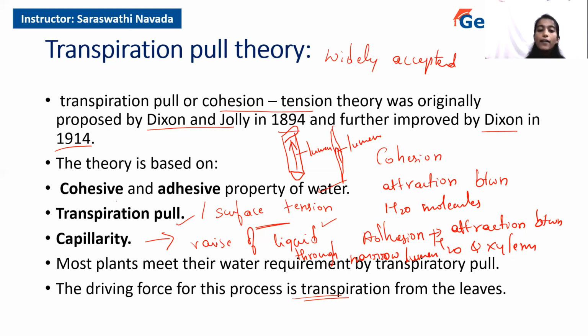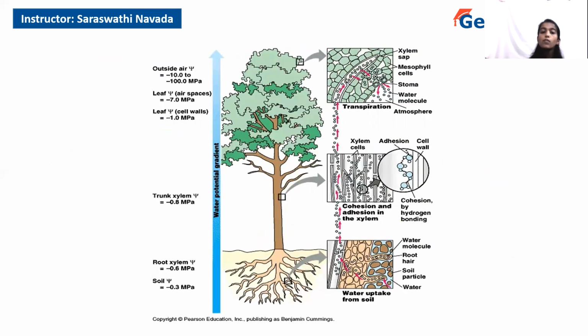And most plants meet their water requirement by this transpiration pull itself. How exactly this transpiration pull theory explains the ascent of sap, we'll see in this particular diagram. During the transpiration pull, water will be lost through transpiration through the stomata. Stomata are present in the leaf epidermis, both the upper and lower epidermis.